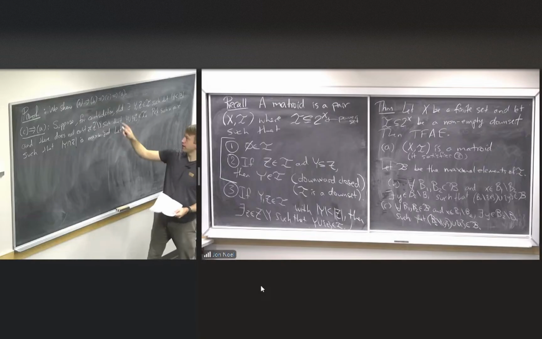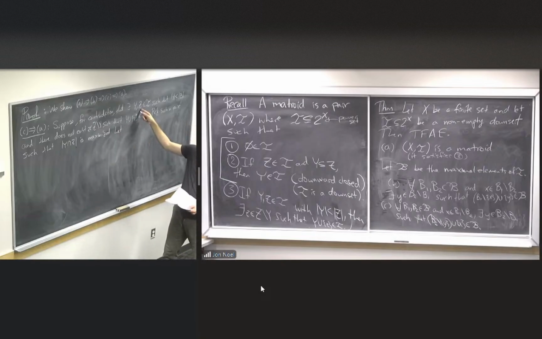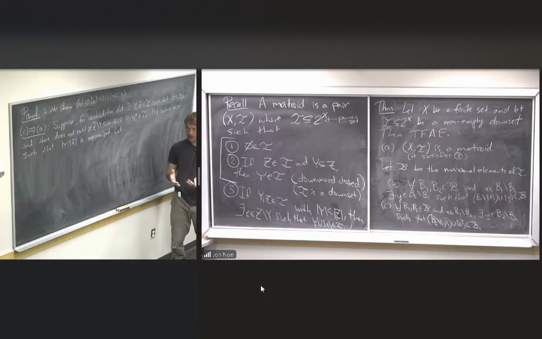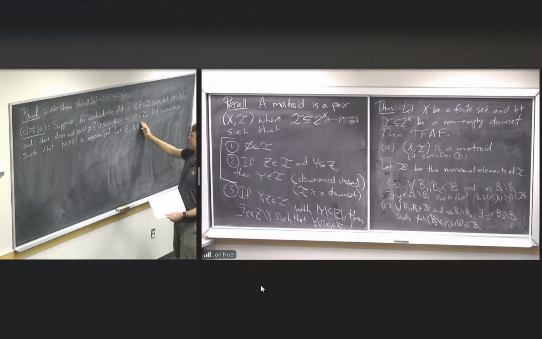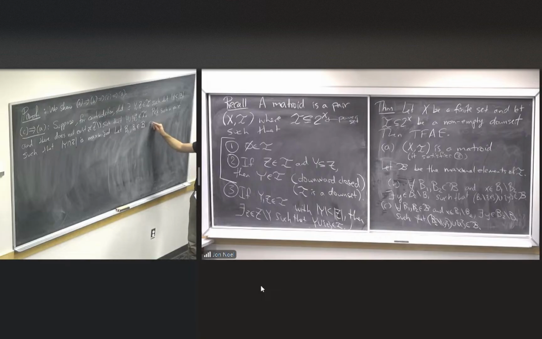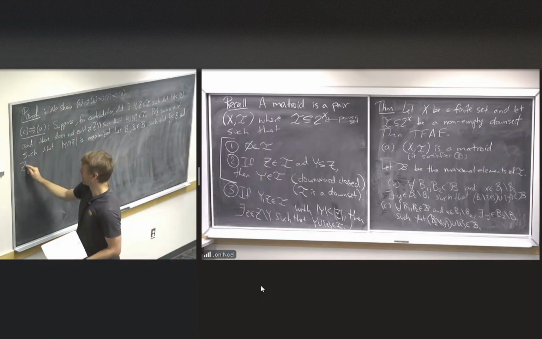So Y and Z are independent. Since they're independent, I can find a maximal independent set that contains each of them. So I'm going to let B1 and B2 be elements of script B. These are maximal sets in I, such that Y is a subset of B1 and Z is a subset of B2.